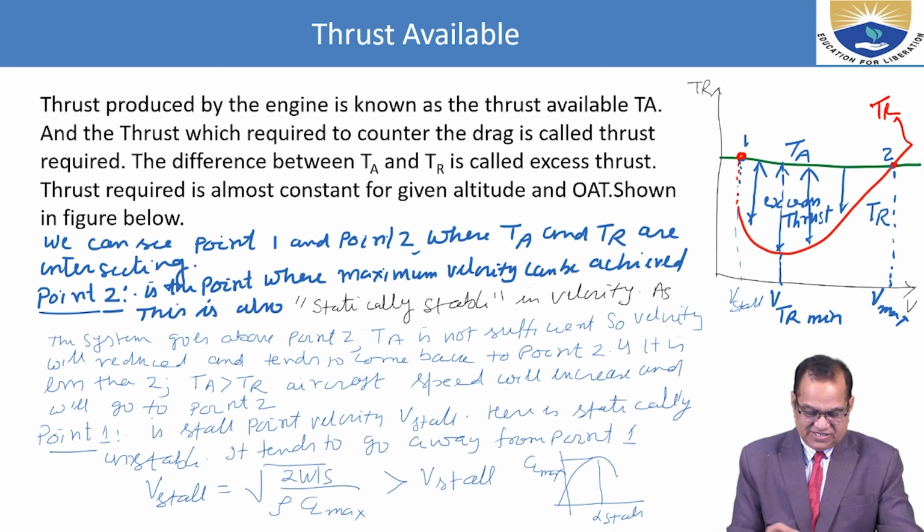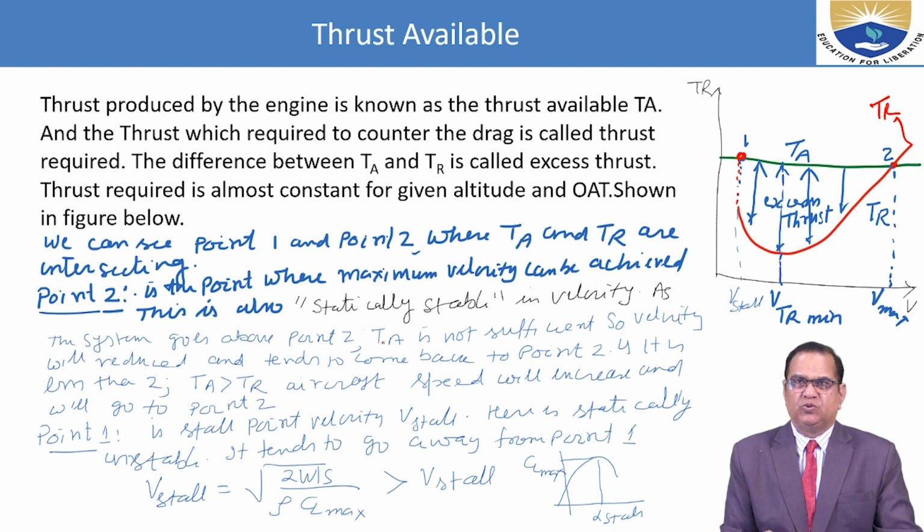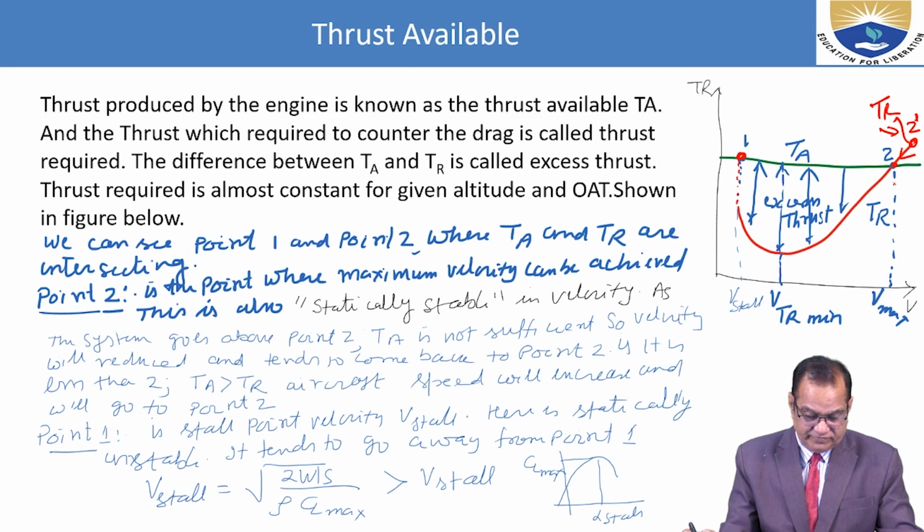As the system goes above point 2, if you go here, it is 2 dash, then TA is not sufficient. Power is not sufficient. It will come back here. So beyond this point, the tendency is that the stability will reduce and it tends to come back to its point 2.